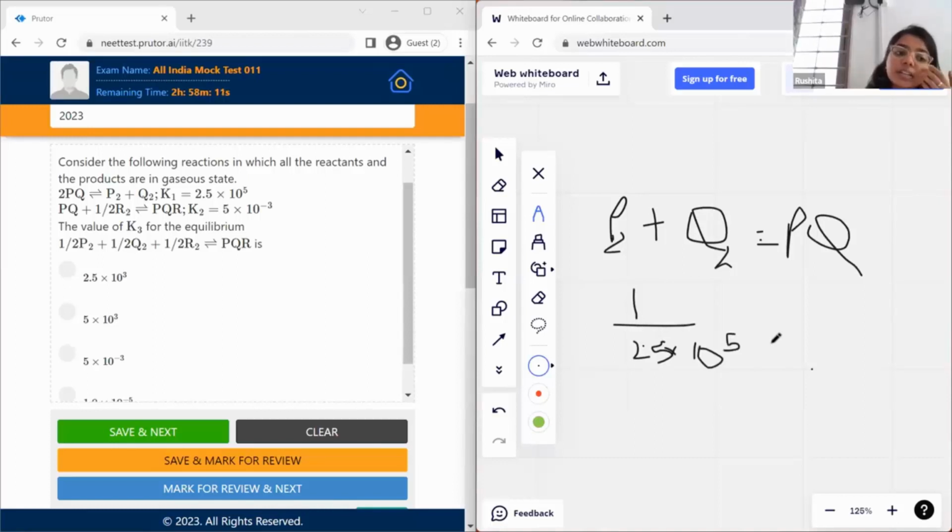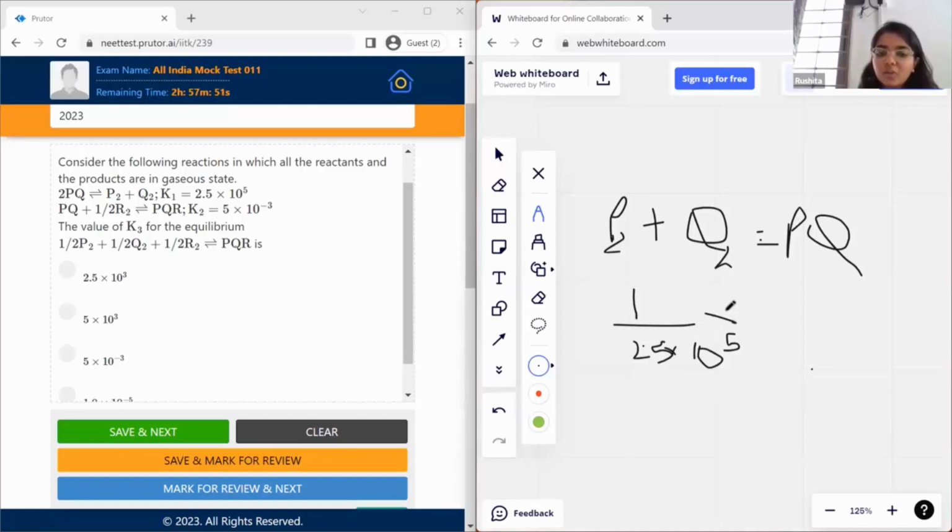And the second one is, we need to know what we need in the final equation. Why did I reverse this equation? Because I need P2 and Q2 on the left side, not the right side. So I reversed it. And now we need half P2. So we'll divide this equation by half.